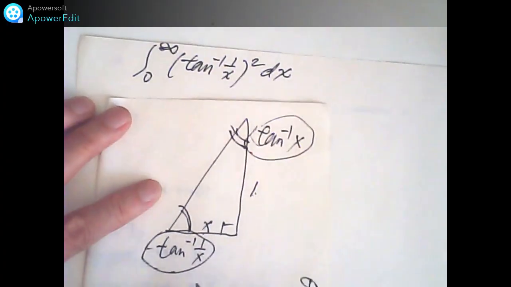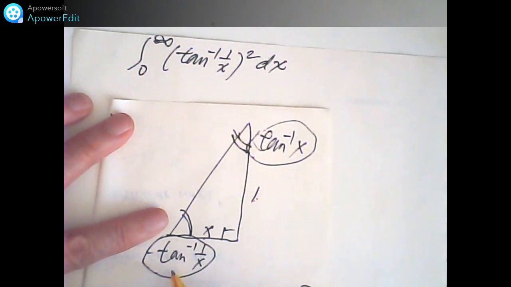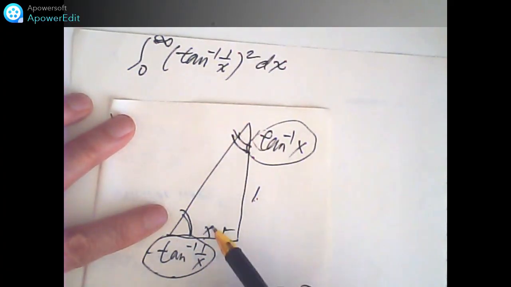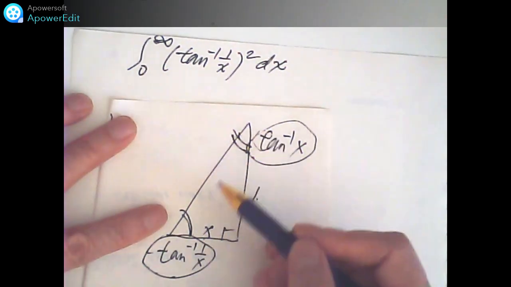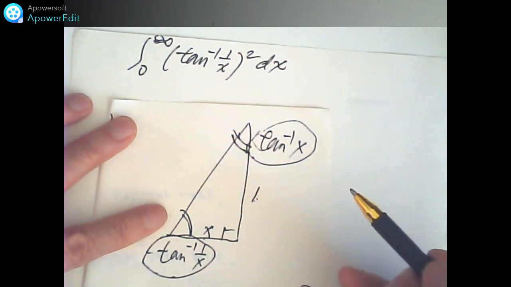Now, that's the second method. Well, I have a triangle here. If this angle is arctangent 1 over x, which means this side is 1 and this is x, then for the same triangle, that angle will be arctangent x over 1.